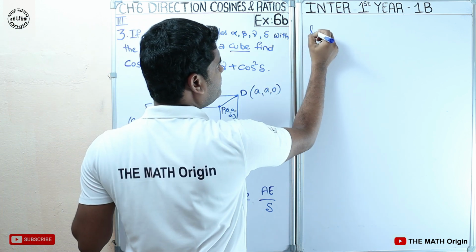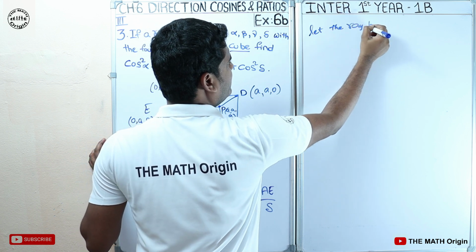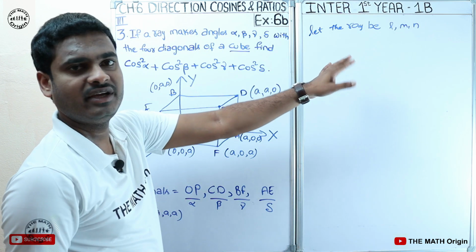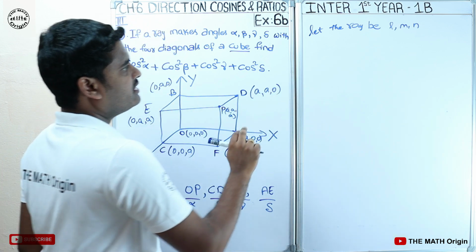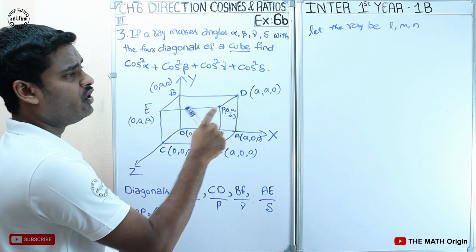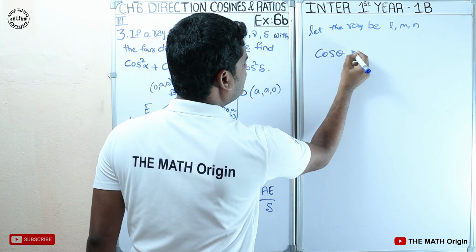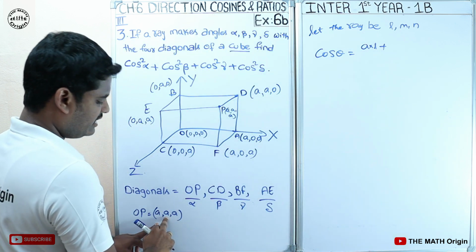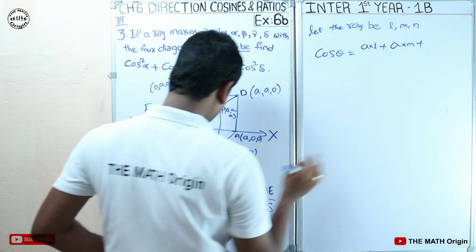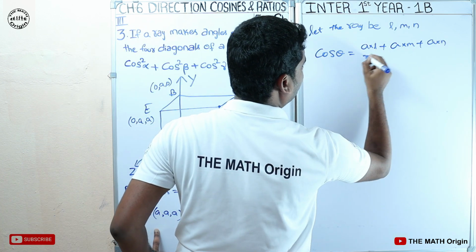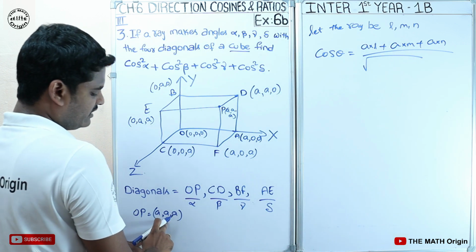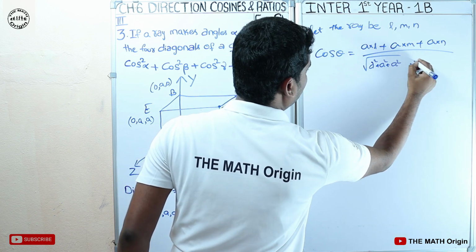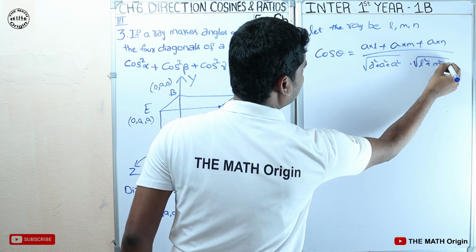Let the ray be with direction ratios l, m, n. So from this we have a formula: cos theta equals a into l plus a into m plus a into n, by root of a square plus a square plus a square, into root of l square plus m square plus n square.